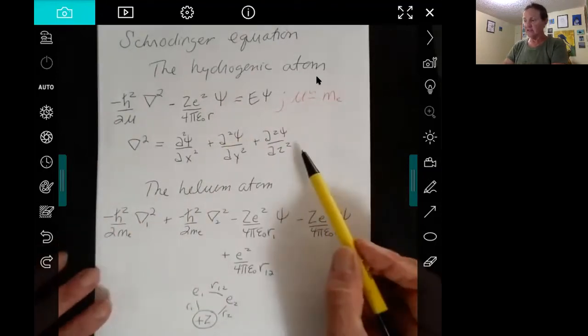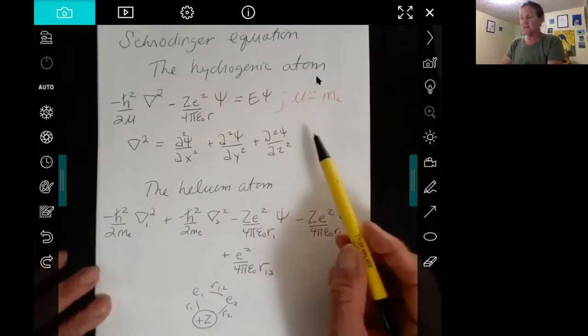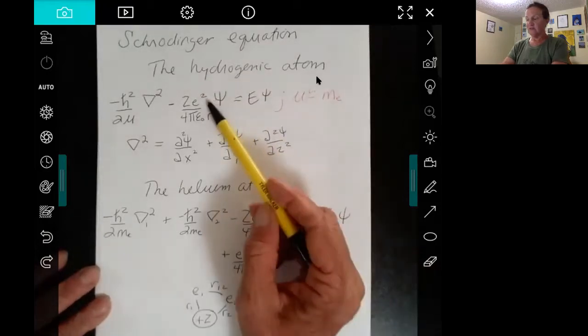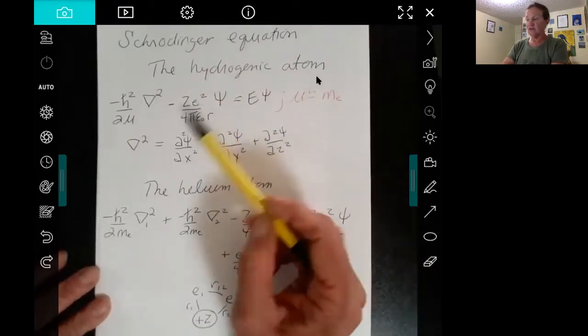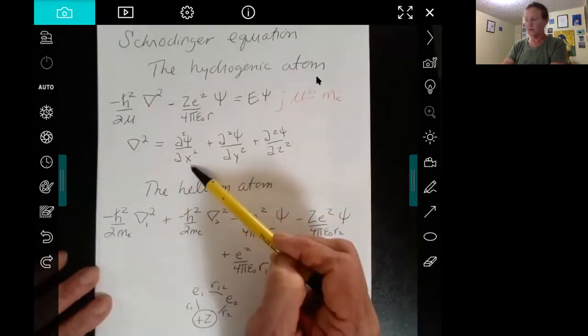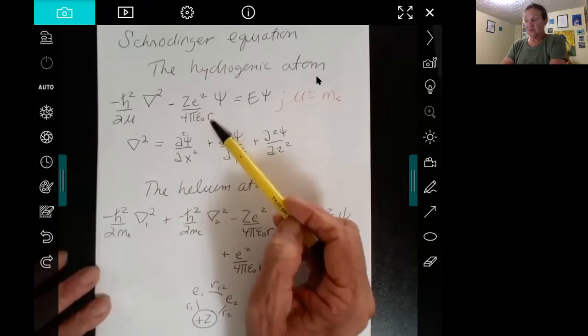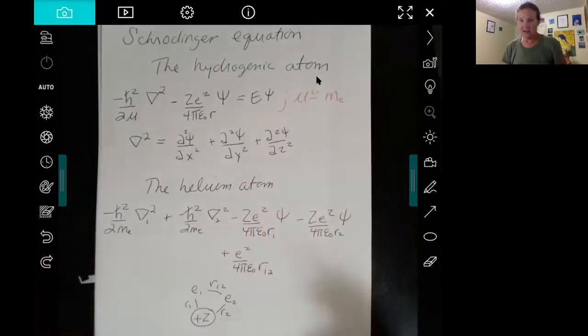And we talked in the last chapter, or focus, about the fact that this can be solved exactly. The reason it can be solved exactly is that the potential energy only depends on r. So you can rewrite the Laplacian in spherical polar coordinates to be a function of r as well, and you can solve this problem exactly.